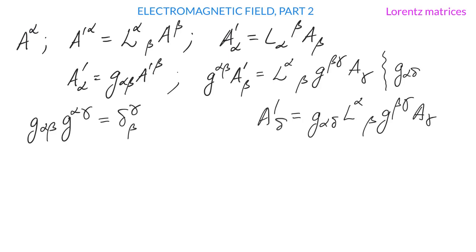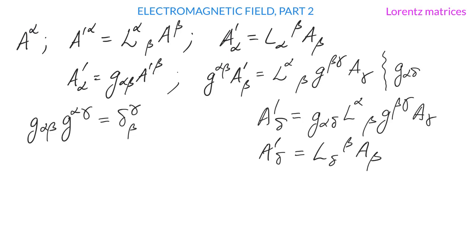And the right-hand side is what it is. Now, we also know from the definition of the transformation matrix that acts on covariant components that A prime delta must be equal to L delta beta A beta.